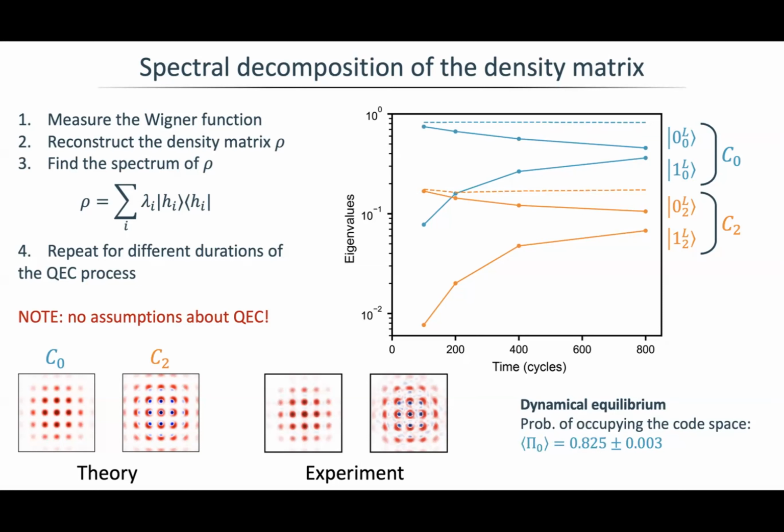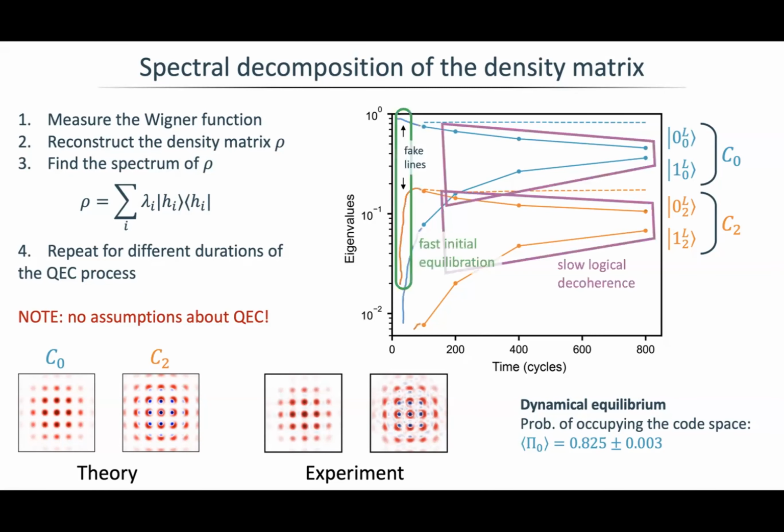This constant gives us the probability of occupying each of these subspaces in this dynamical equilibrium, where errors excite you out of the code space and then error correction takes you back. For the code space, this probability is about 82%. So I'm going to skip this.